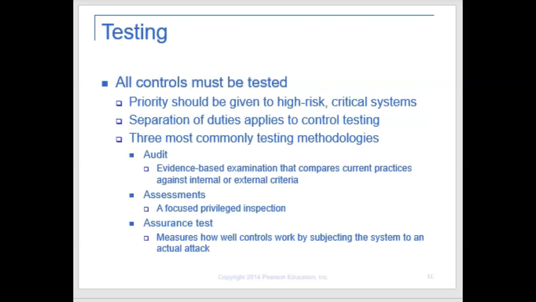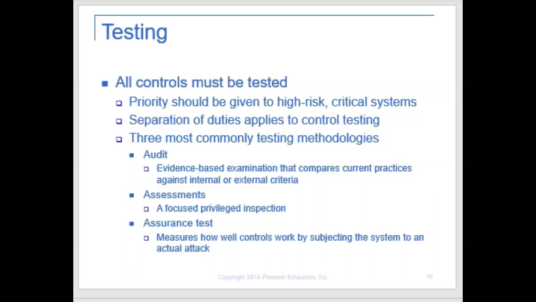Now, testing would also be an important part of this process. So safeguards are meaningful only if they perform as we expect them to perform. So high-risk systems should be subject to independent testing at least once a year, especially if you have data that's a crown jewel, something that could never get out. Boy, test that. And there are things that you can do, 3 common ways to test.